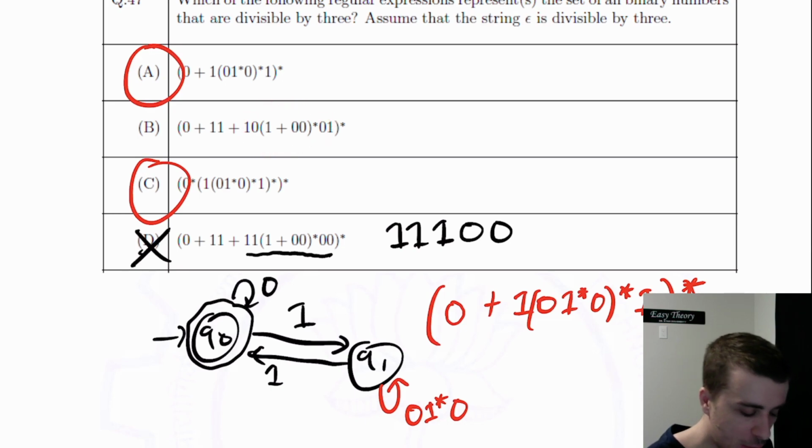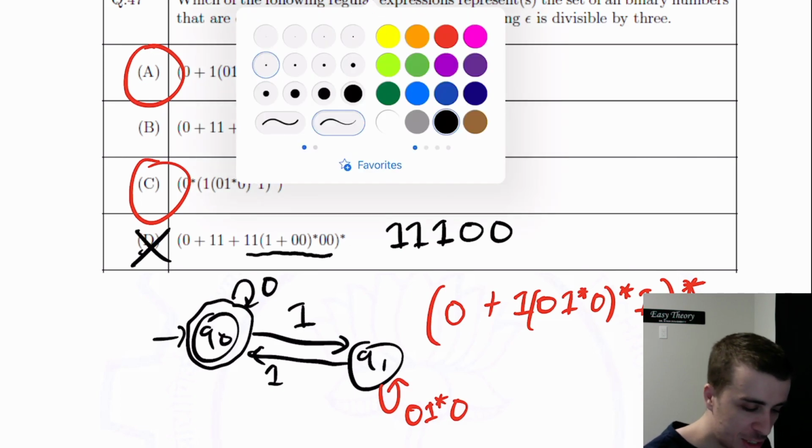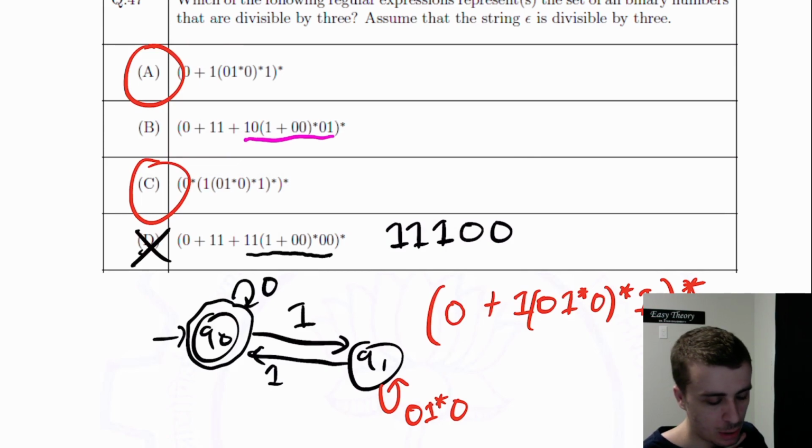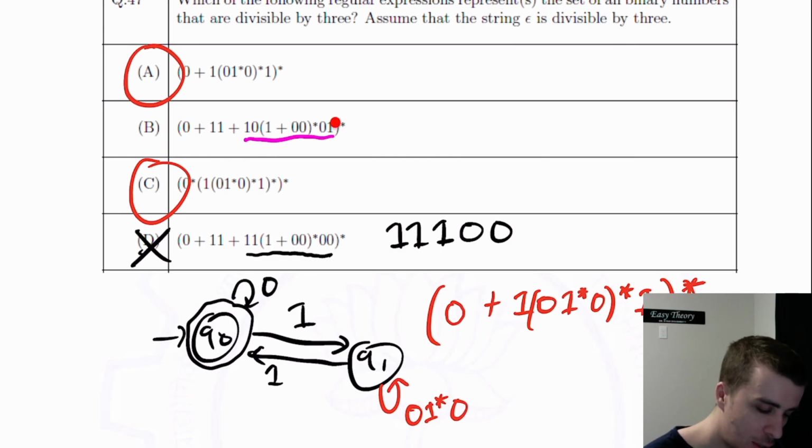So let's see, could this possibly not work? So if this is not the right regex, it would have to be because of this culprit. So why would this not work? So the 0, 1 says that this is always odd for that part.